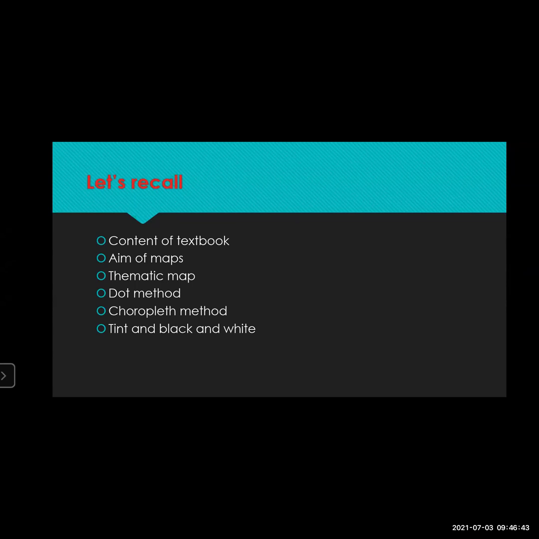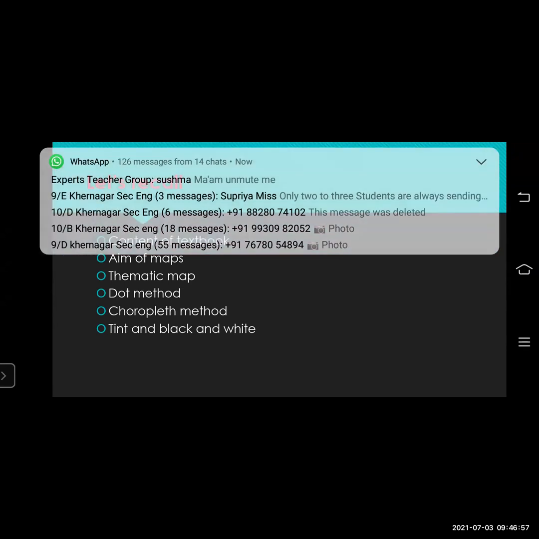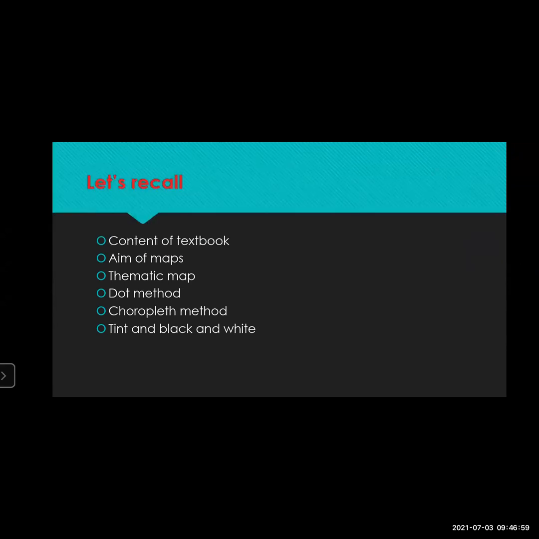Then we started with the choropleth map. We also learned about the tint pattern. In the choropleth map there were two types of pattern: the tint pattern and the black and white graded pattern. We learned how the tints are used from darker to lighter shade.